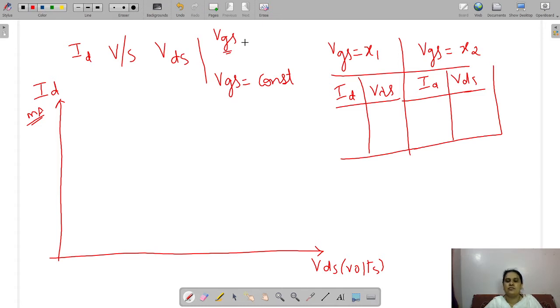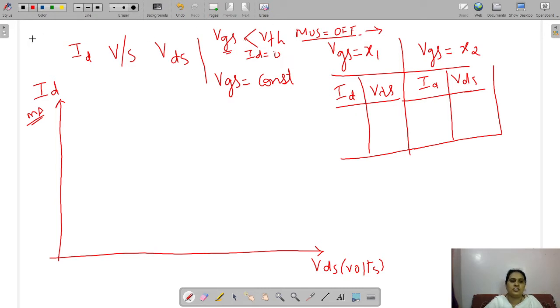If the value of VGS is less than VTH, we know that the MOSFET is off because the channel is not formed at all. In this case, the drain current will be equal to 0 and your MOS will be off. This is called the off state. So the MOS is off when the voltage is less than the threshold voltage.